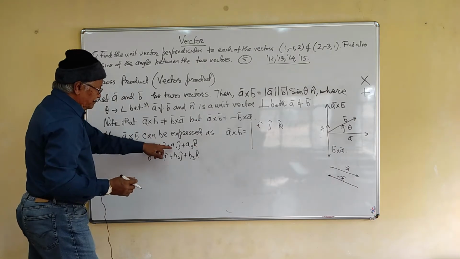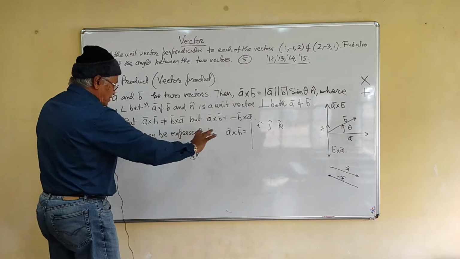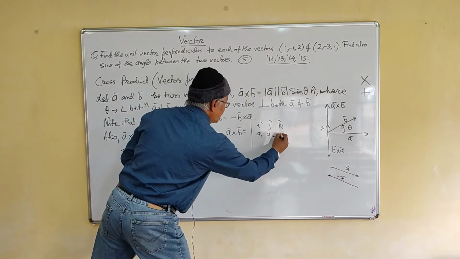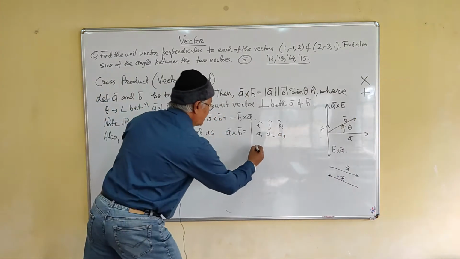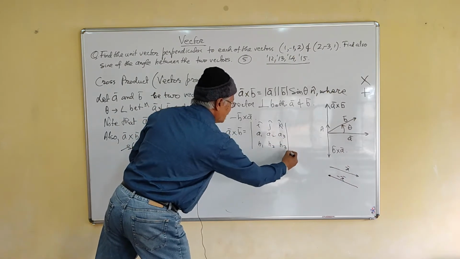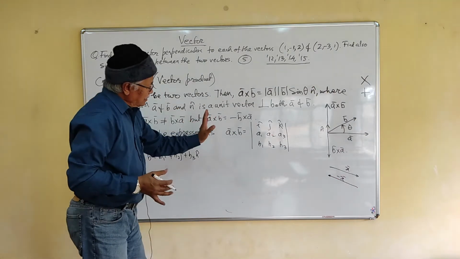So you pick up the coefficients of i, j, k and put them in the second row. That will be A1, A2, A3, and B1, B2, B3. And then you can work it out.